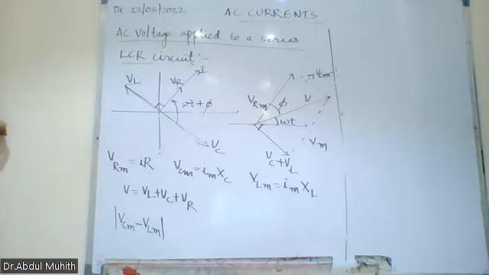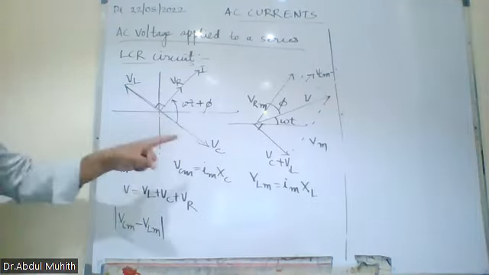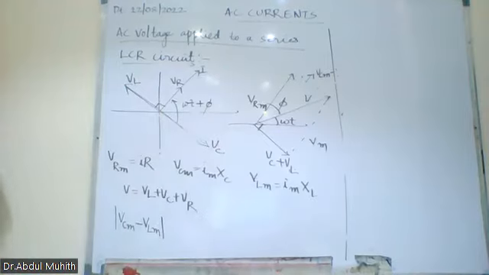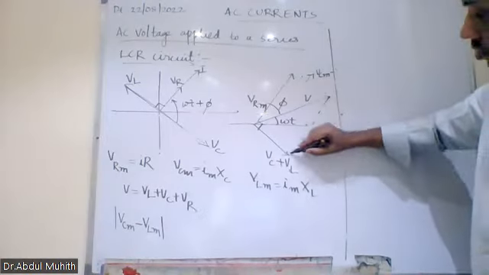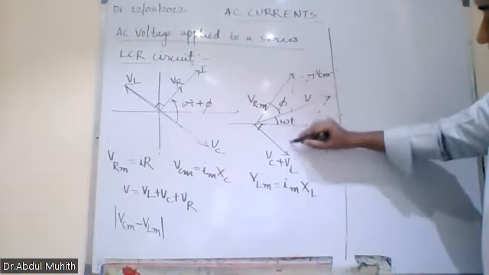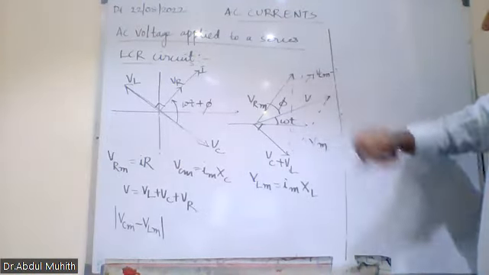Now VR and VC plus VL are the sides of a right angle triangle, so we'll apply Pythagoras theorem. Is that clear now? It becomes a right angle triangle.